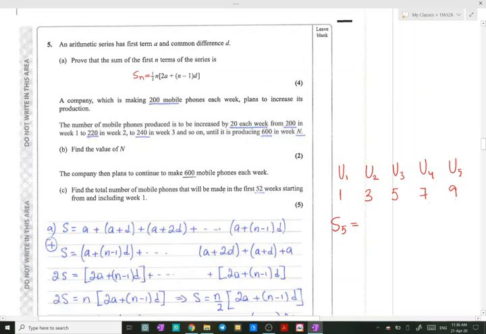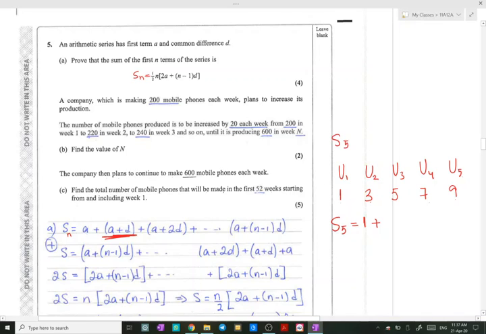So the sum of n terms is going to be a, which is the first term, so it's 1 here in this case, plus a plus d, which is term 2. Let me just make it simpler.